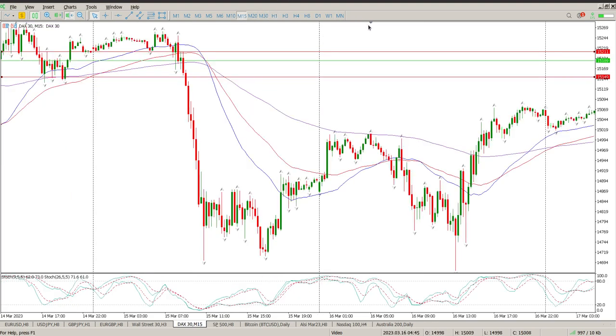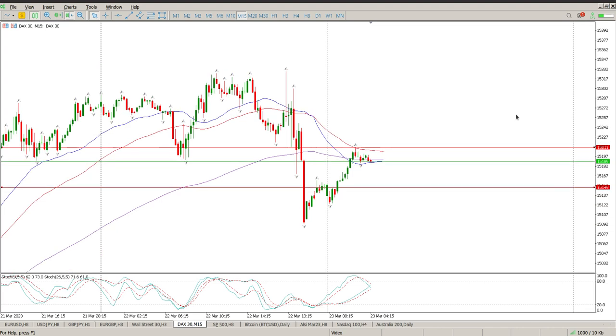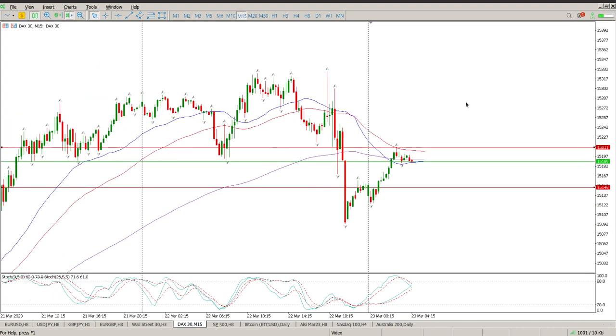So if I drop to the 15-minute, even the 15-minute is in amongst the moving averages, so it's a clear confused setup at the moment, but nevertheless we'll see if there is something for us here.